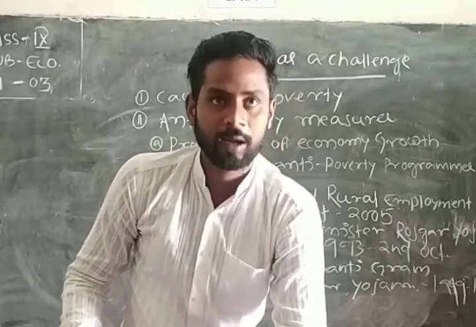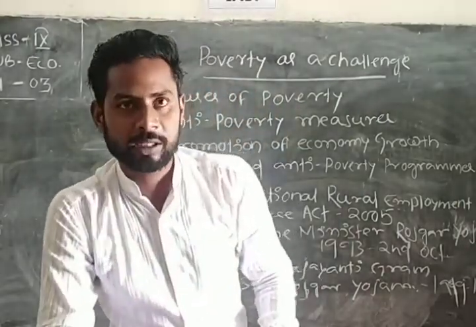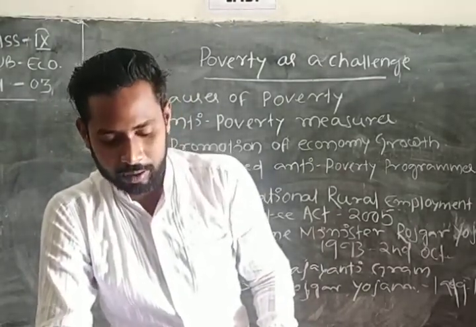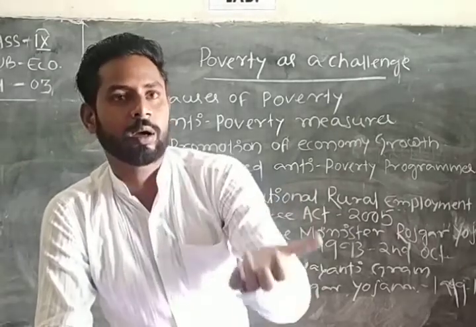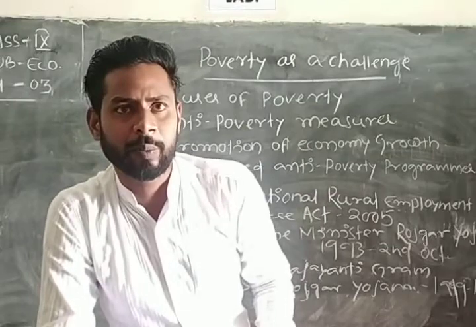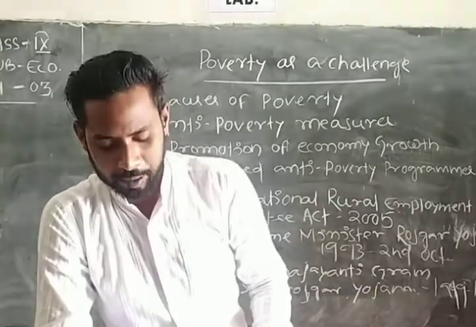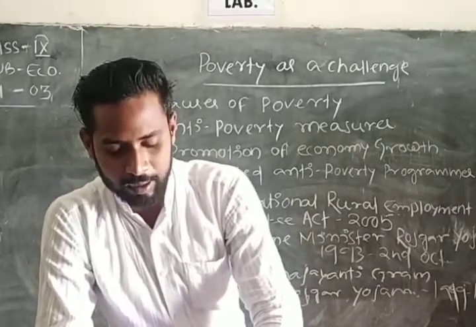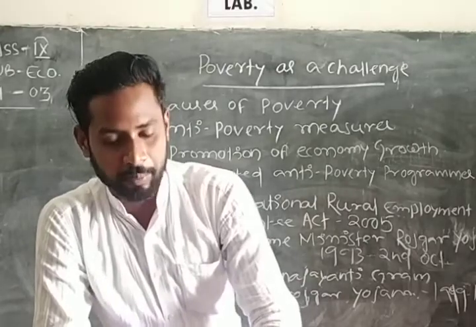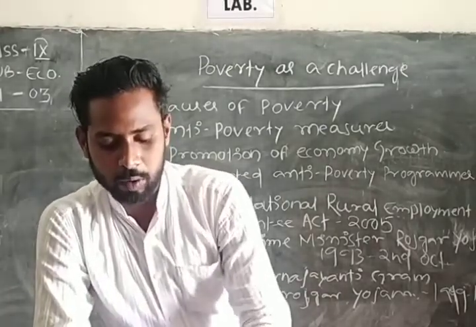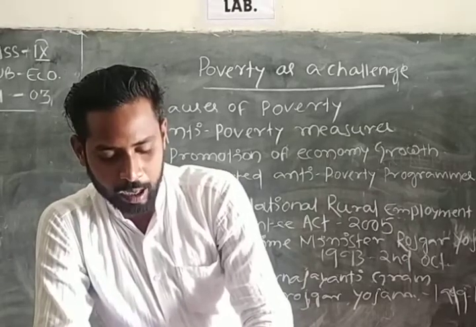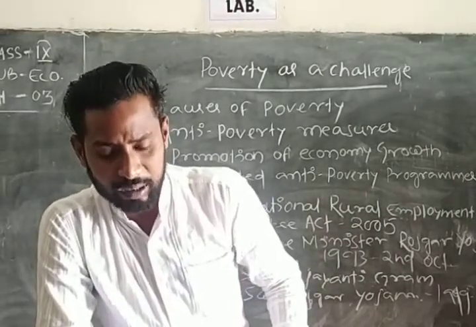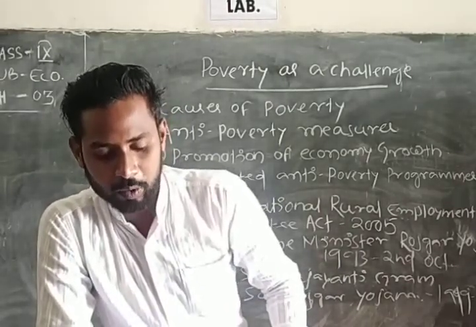After that, anti-poverty measures: many programs and schemes regulated by the Indian government for the development of poor and backward people, like NREGA, the National Rural Employment Guarantee Act, then Prime Minister Rozgar Yojana (PMRY), Swarna Jayanti Gram Swarojgar Yojana (SGSY), the Rural Employment Generation Program, Pradhan Mantri Gramodaya Yojana, and Sampurna Gramin Rozgar Yojana.